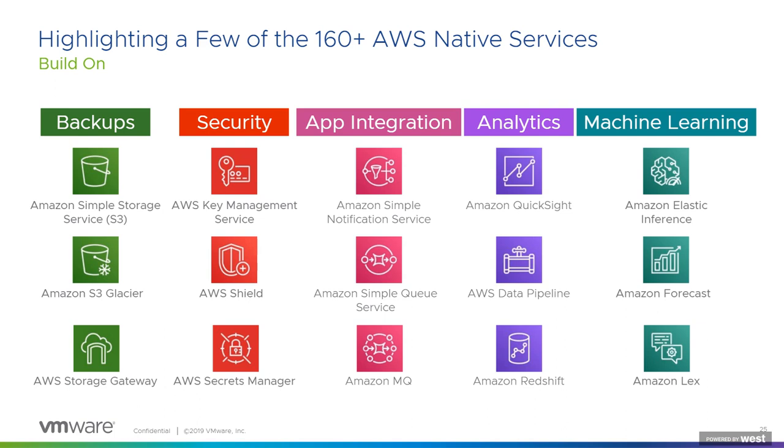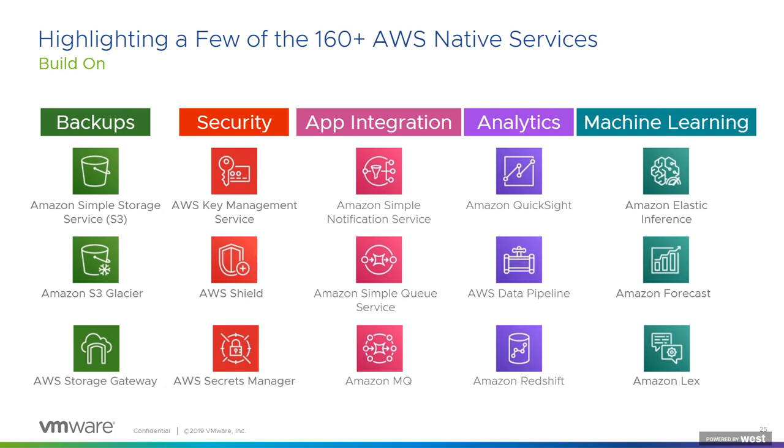Other services we have seen from customers who are trying to reinvent their Oracle workloads are in the analytics space, where they leverage Amazon QuickSight, which can provide business intelligence BI reports based on the data in your Oracle workloads, and AWS Data Pipeline, which can replicate data from your Oracle databases to your S3, your data lake, or other services such as RDS or Redshift.